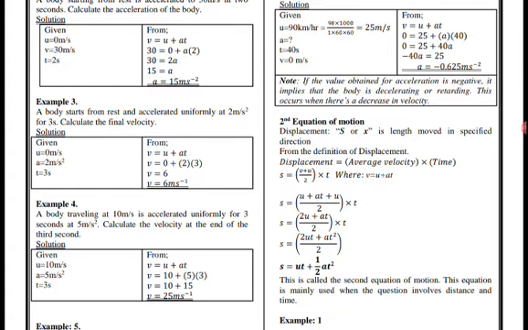But from the first equation of motion, v, the final velocity, is equal to initial velocity plus acceleration times time. So when you substitute the final velocity into the equation of displacement, you get S equals (u + at + u) over 2, close the brackets, times time.